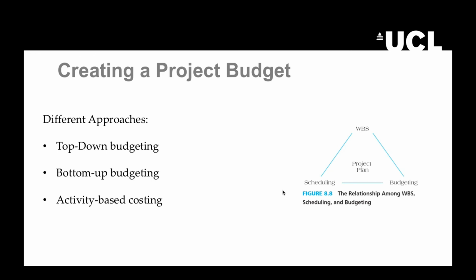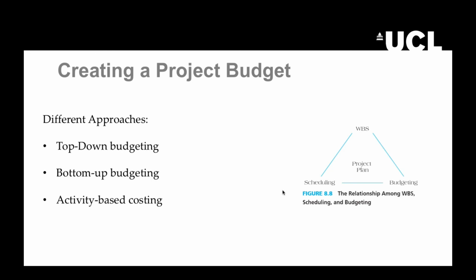So obviously we can use the information from our work breakdown structure and some information from the scheduling to develop our budget. The ways in which cost data are collected and integrated to create the budget will depend on the company. Some firms prefer to follow a top-down approach, others a bottom-up budgeting procedure.